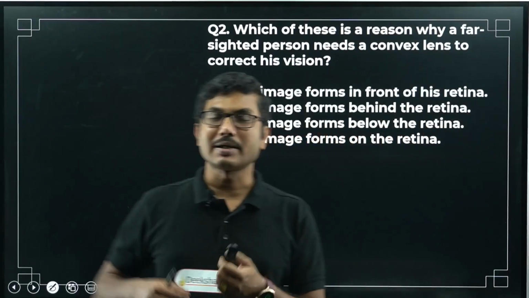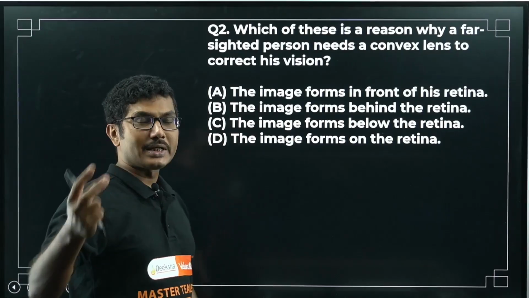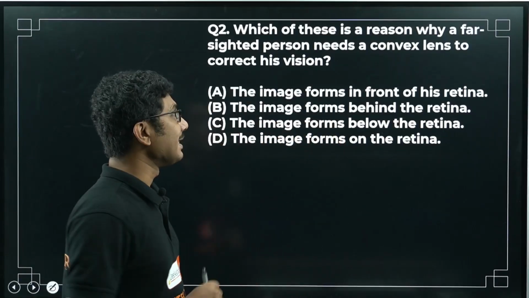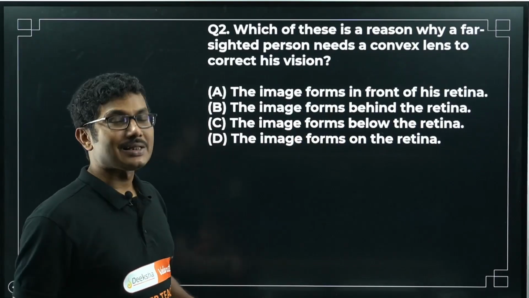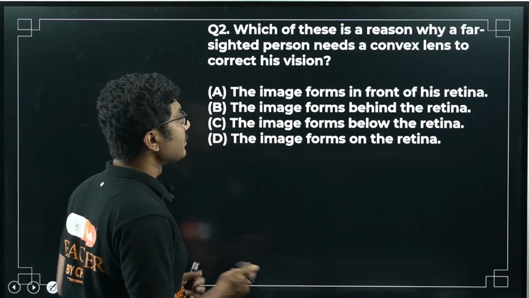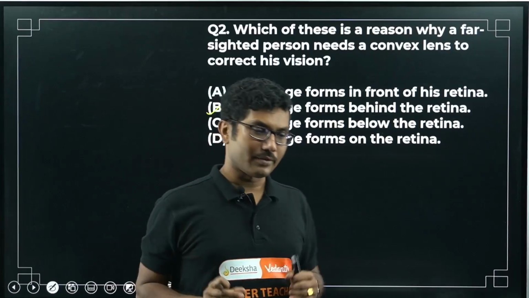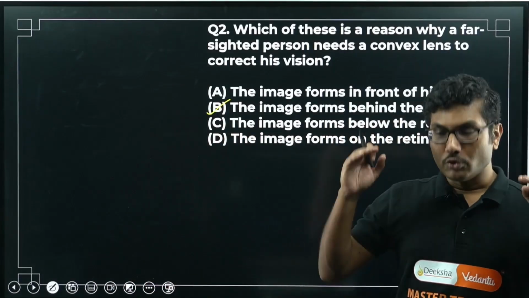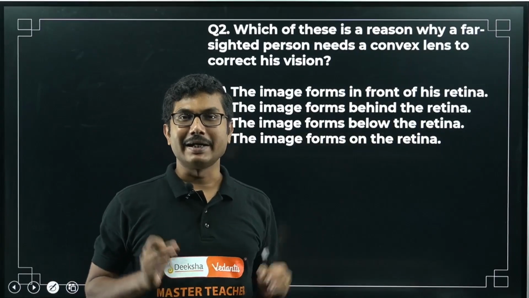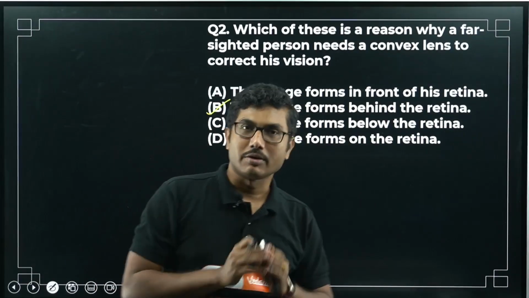In case of a far-sighted person, we can see far objects clearly, but when the object is very close, the rays go behind the retina. That's why he needs a convex lens so that the rays can converge earlier and form the image on the retina. So the image is forming behind the retina. You have to be careful. Convex lens is used to make it more converging. If the rays are going behind the retina, then only the convex lens can fix it and focus them on the retina.